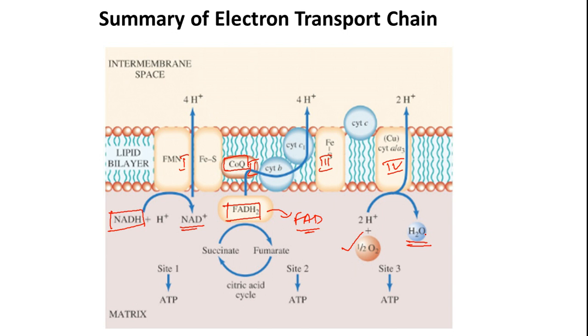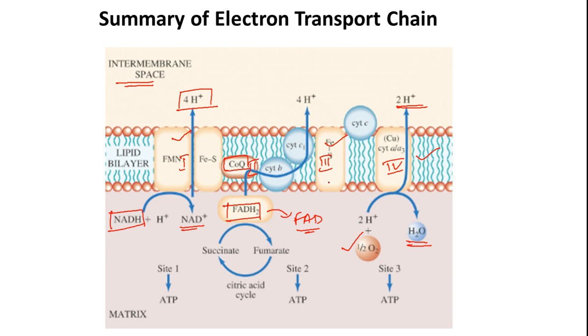So in this process it is crossing three complexes, among which the first complex and third complex are proton pumps, which pump 4 protons per 2 electrons moving across the pump. And at the end, complex number 4 is also a proton pump, but it can transfer only 2 protons across the inner membrane into the intermembrane space.